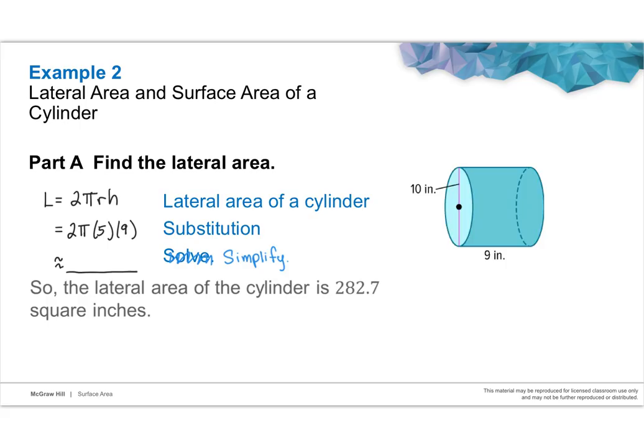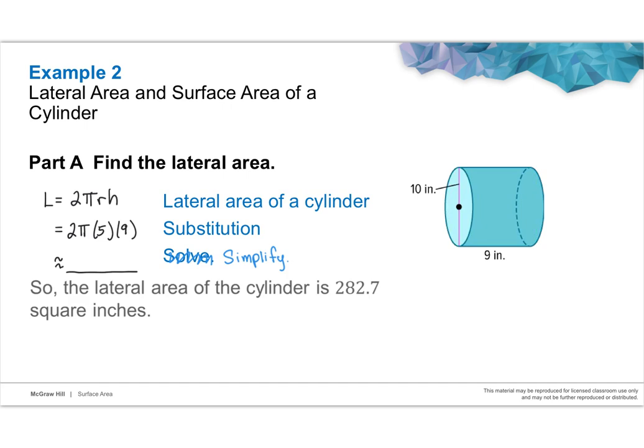The lateral area is 2 pi rh, as we know from the formula. And so we just need to find the values from the diagram to substitute in. Hopefully you can see that our radius is going to be half of that diameter that's indicated, so 5. And the distance between our bases is 9. And so I would encourage you to keep this answer in terms of pi first, and then go ahead and do the approximation.